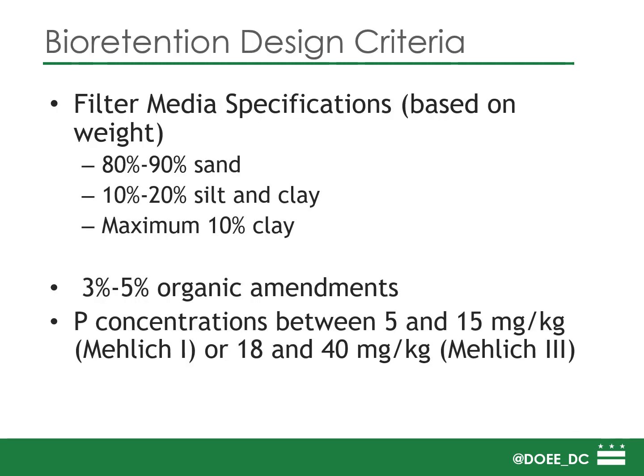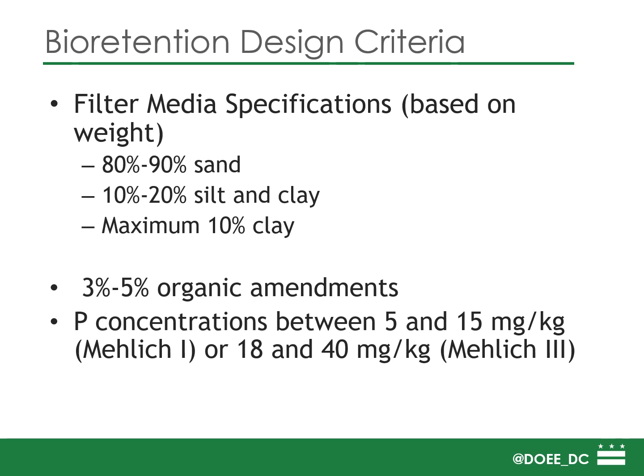There are specifications for the filter media, so 80 to 90% sand. It's mainly a sand media. There are some silt and clay in there, maximum 10% clay. There's also a range of 3 to 5% organic amendments and a maximum of 5 to 15 milligrams per kilogram of phosphorus, depending on the test used.